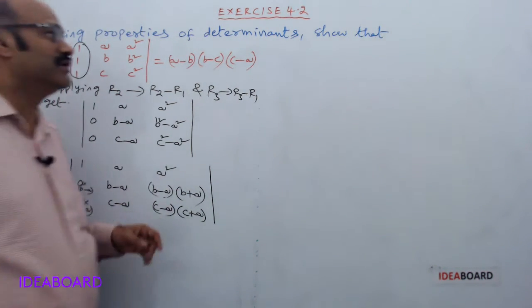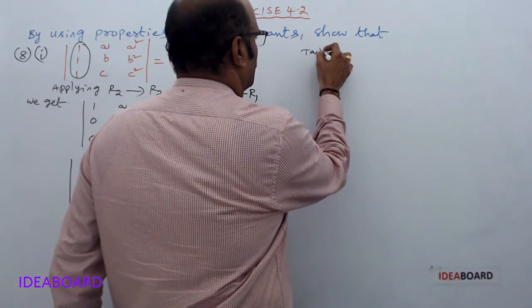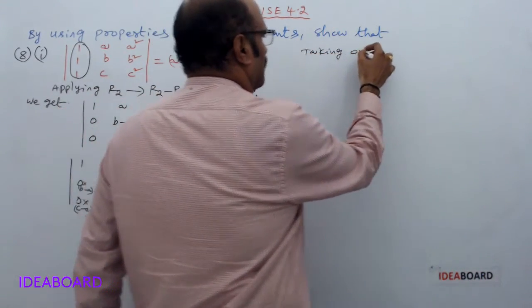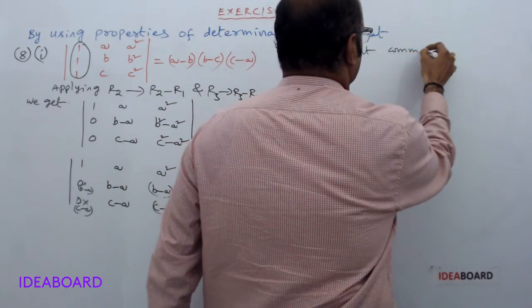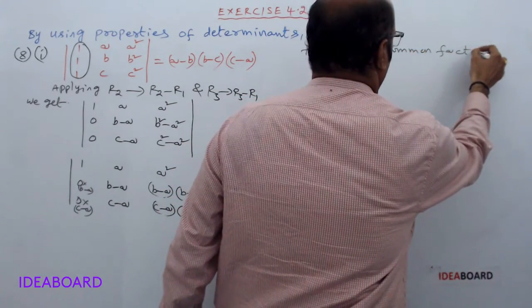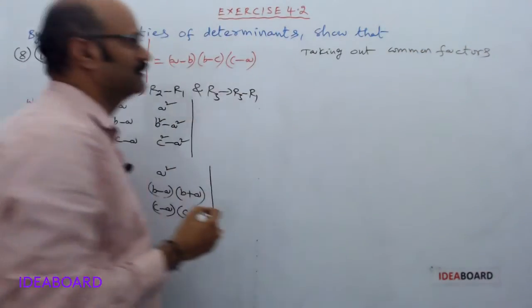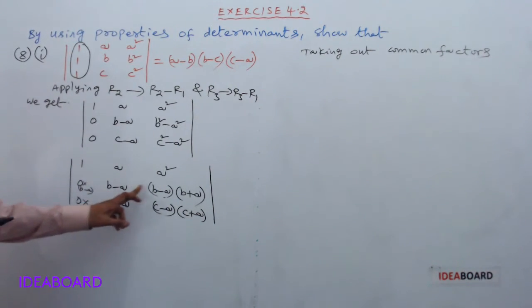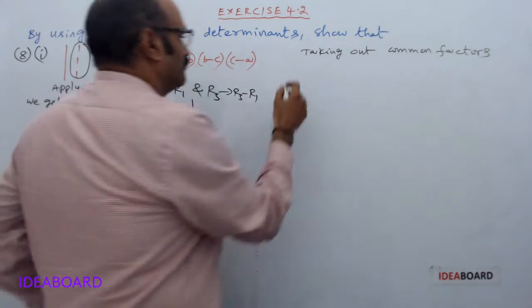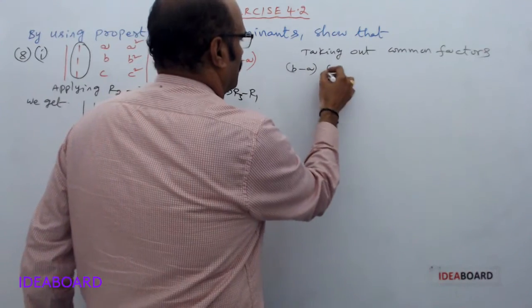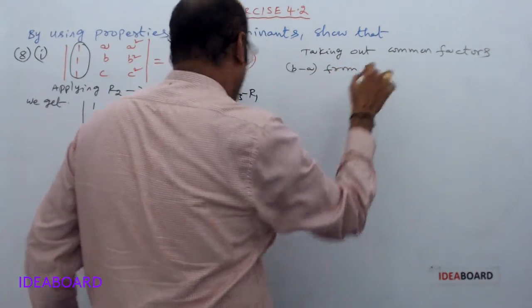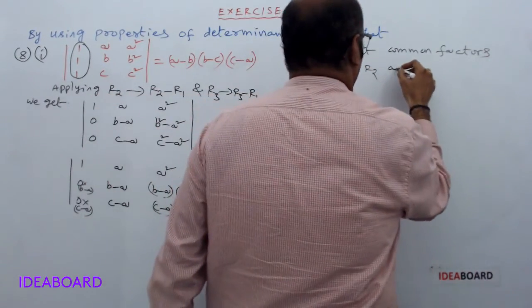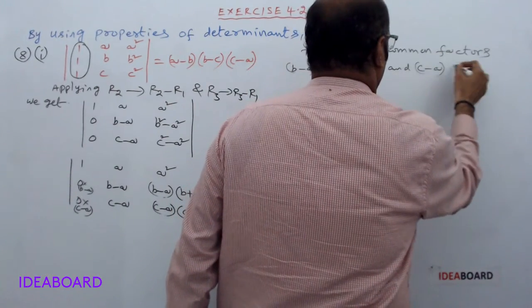So now we take out the common factors, b minus a from R2 and c minus a from R3.